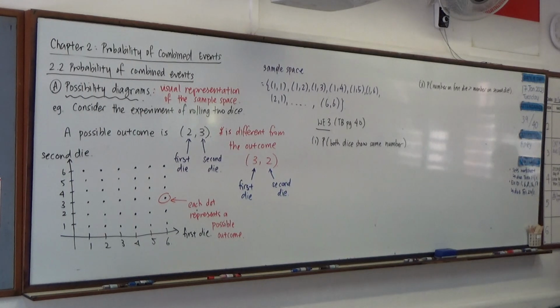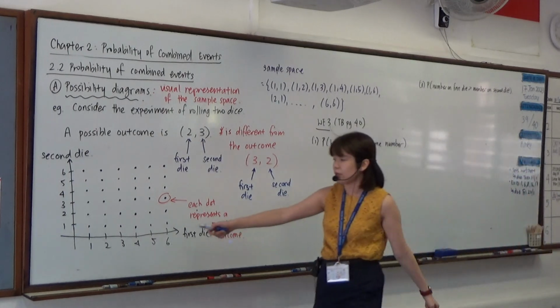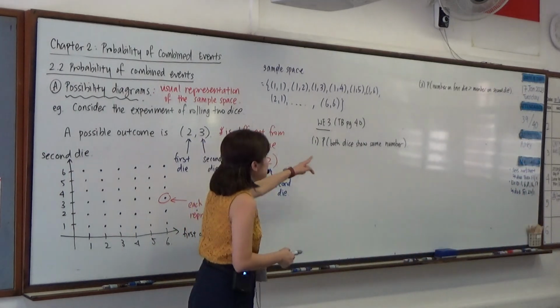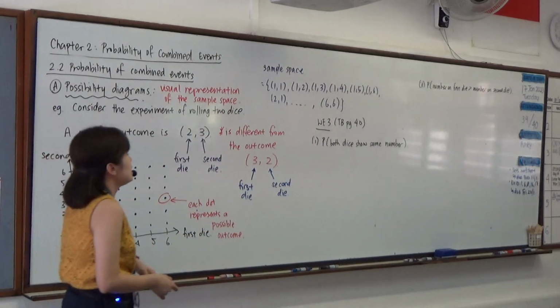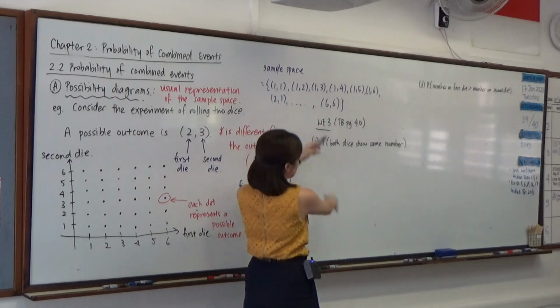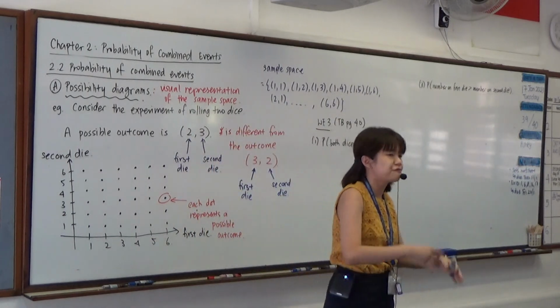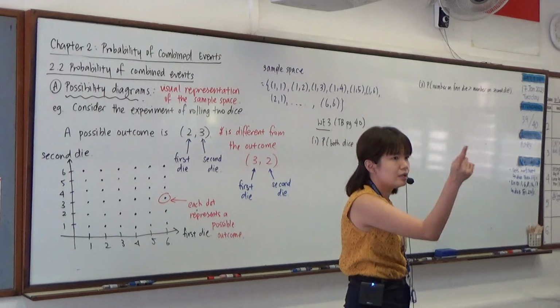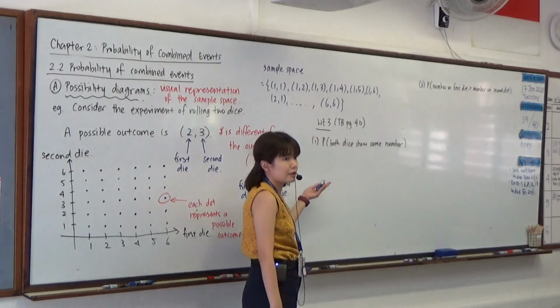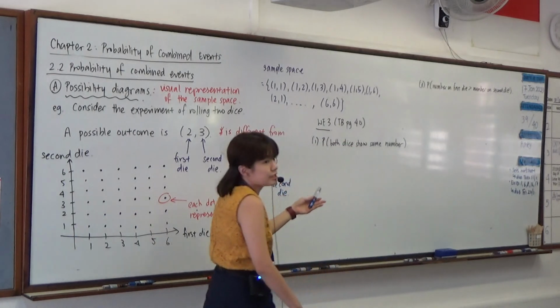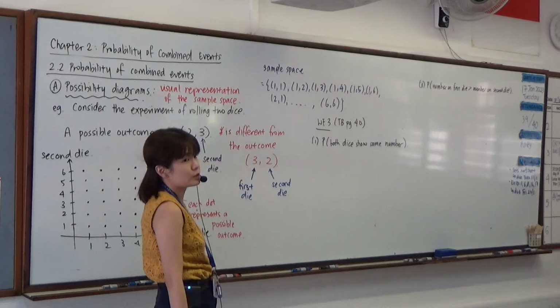So in example 3, they want you to make use of the possibility diagram that we have just drawn to determine the probability that both dice show the same number. If you actually write it out in set notation, it is a sea of numbers, very difficult for you to find what you want. Maybe for the same number it is easy, but if you want a different combination, then it will be difficult, especially in part 2.